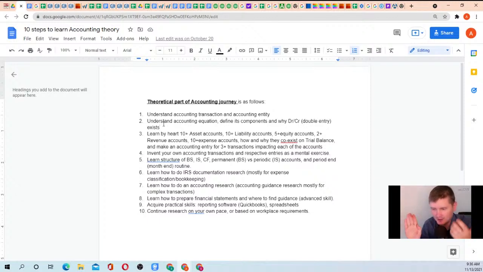So revenue is a source of equity, and that's why it behaves like equity: increases by credit, decreases by debit.